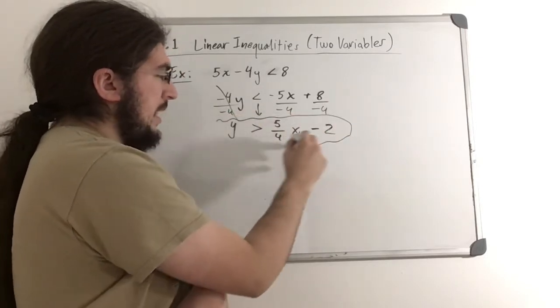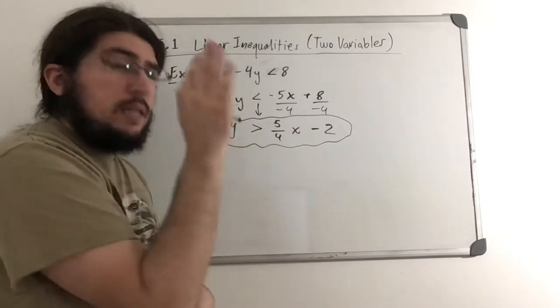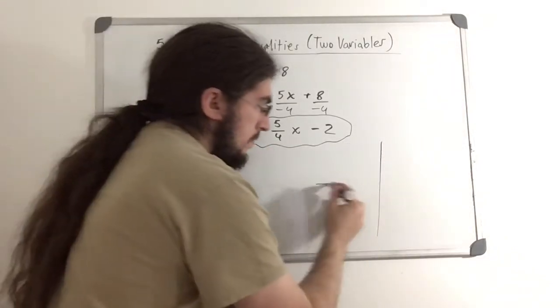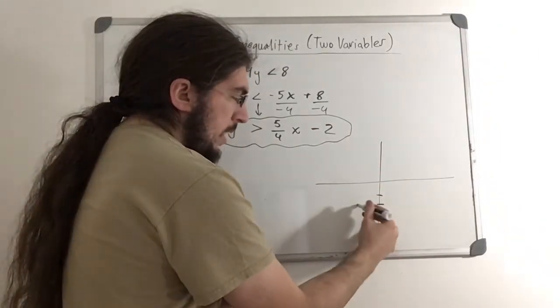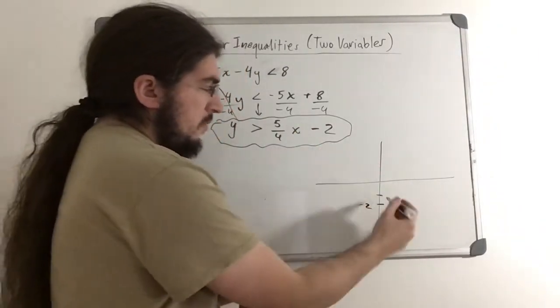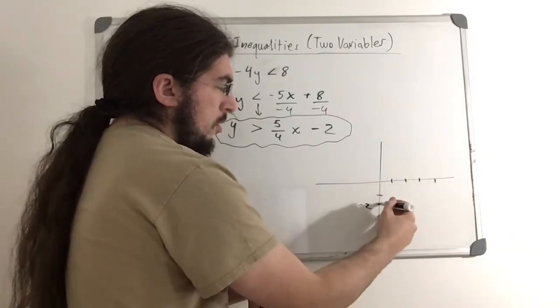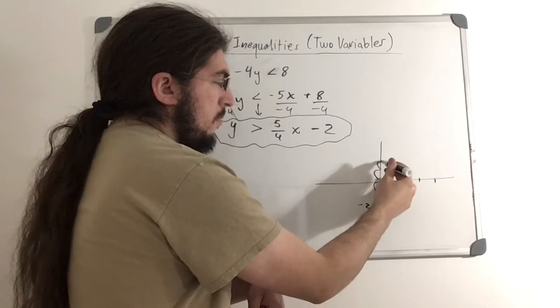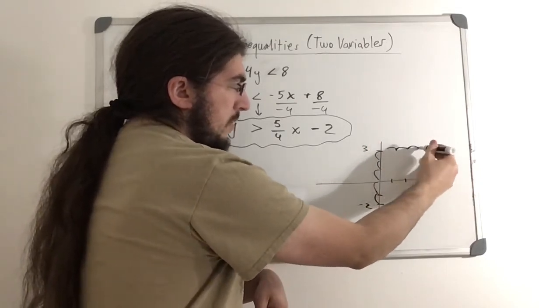So for a second, let's just imagine that this inequality symbol is equality. Let's graph the line. Here we start at negative 2 on the y-axis. We go up 5 and over 4, rise over run. So go up 1, 2, 3, 4, 5. Then to positive 3, move over 1, 2, 3, 4.